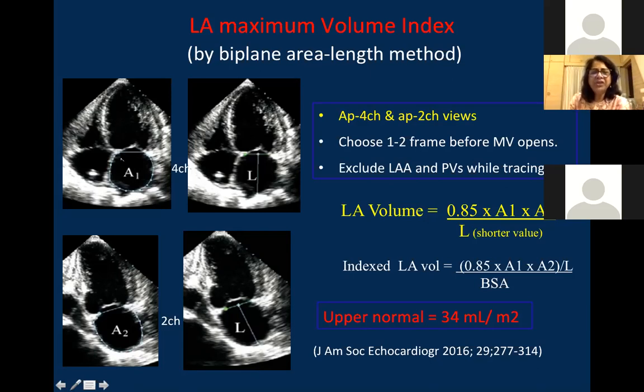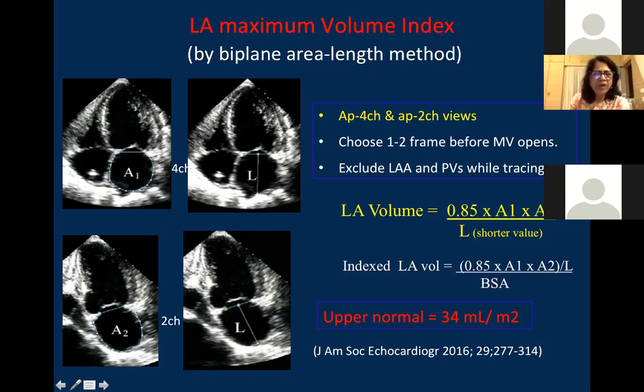And we trace the endocardial margin of the left atrium, starting from the septal annulus, going round to the lateral annulus. We don't join these 2 points; the machine automatically joins them. Then we measure the length of this chamber. So we get area 1 and 1 length.